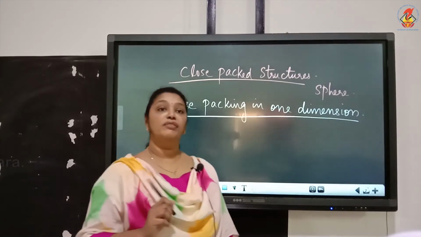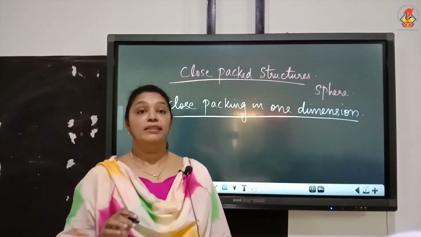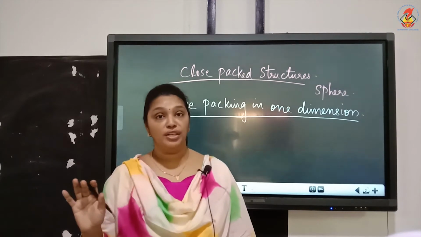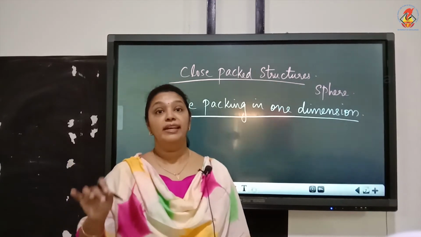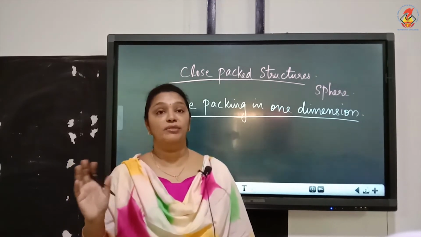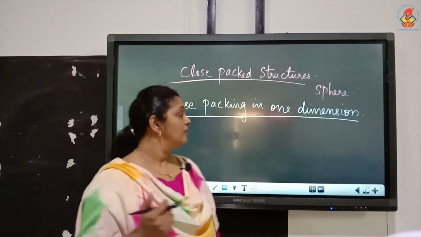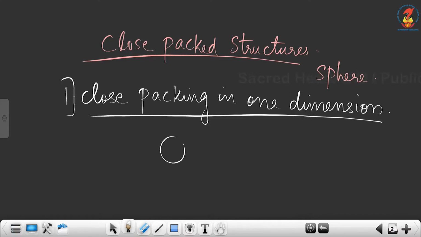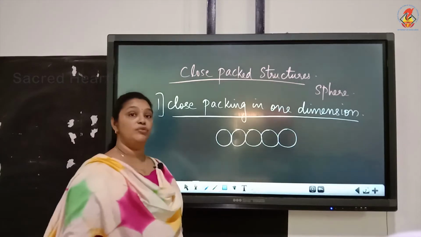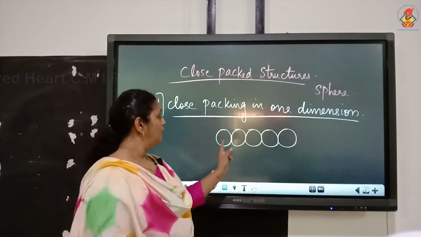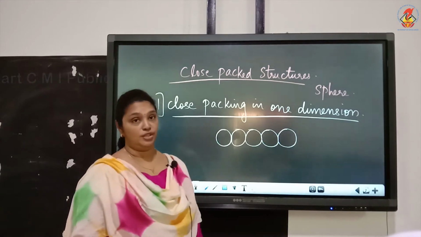Now, in 1-dimensional close packing, the spheres are arranged in a row in such a way that each sphere is in contact with other spheres. When we draw the close packing in 1 dimension, spheres are in contact with other spheres and we are drawing the spheres in a row. So, this is close packing in 1 dimension.